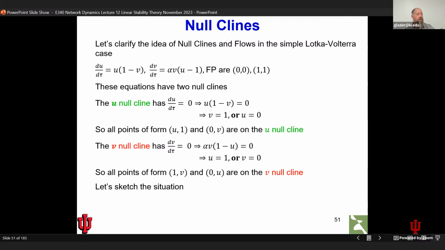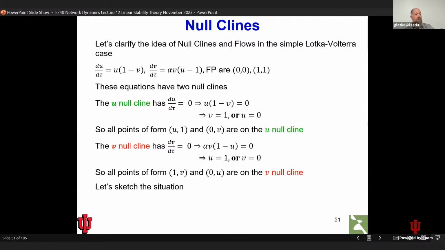This has two clear fixed points. If u and v are both 0, all of these rates are 0. And if they're both 1, the rates are both 0. In this case, the null clines are easy to determine. What is the u null cline? I set du by dt equal to 0.